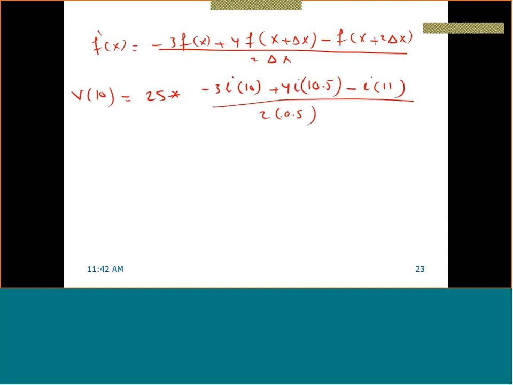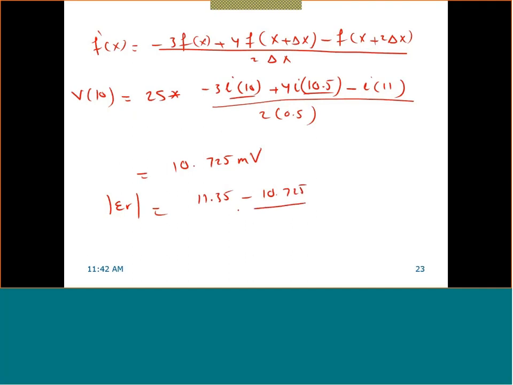Now we substitute all these values in the formula to find I at 10, 10.5, and 11. If you do all the substitution, you will find this is equal to 10.725 millivolt. Now, if I want to find the percentage error, it is the actual value minus 10.725 divided by 11.35, times 100%.